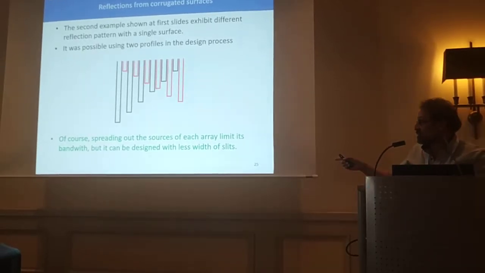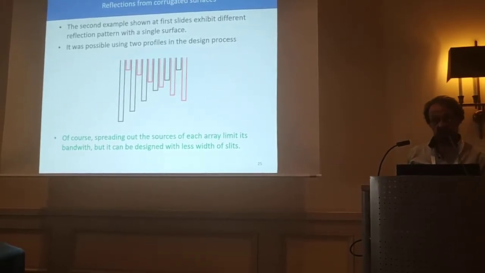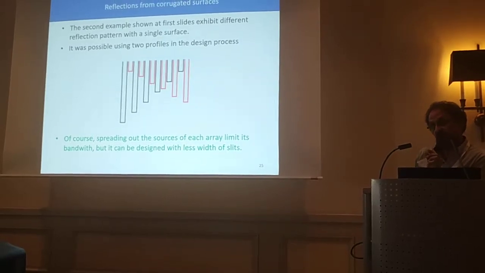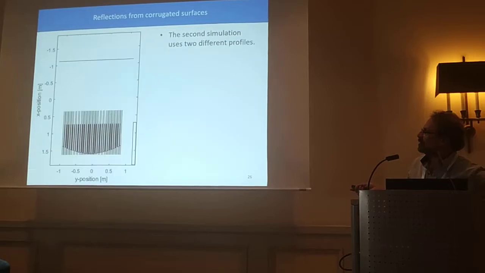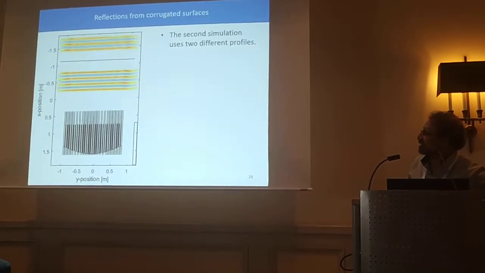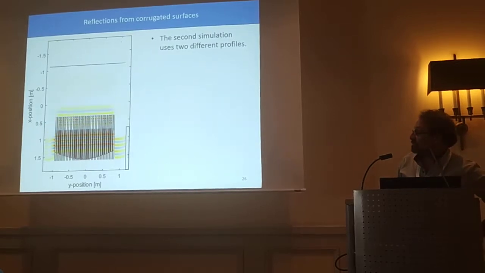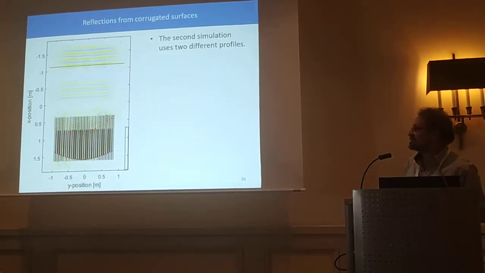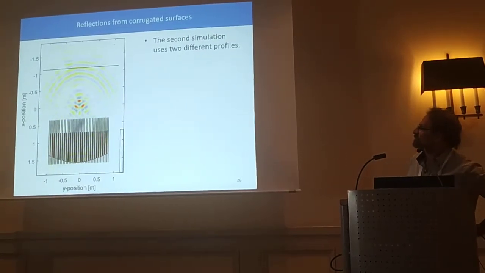This, of course, spreading out the surfaces limits the bandwidth, but other parameters we can consider, for example, the width of the slits to ensure that this does not ruin the intention of the design. Here, the second simulation with intercalated slits with different design parameters.